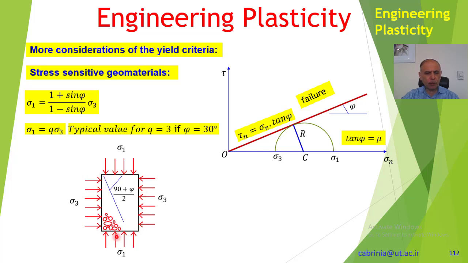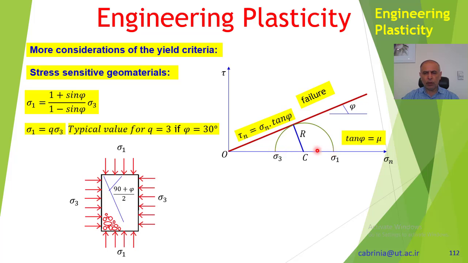If it is confined by these stress values, principal stresses sigma 1 and sigma 3, then as usual in the Mohr circle, now in the Mohr-Coulomb circle, we know that whatever angles we have here are divided by 2 in here. For instance, the plane of sigma 1 is here and sigma 3 is here.